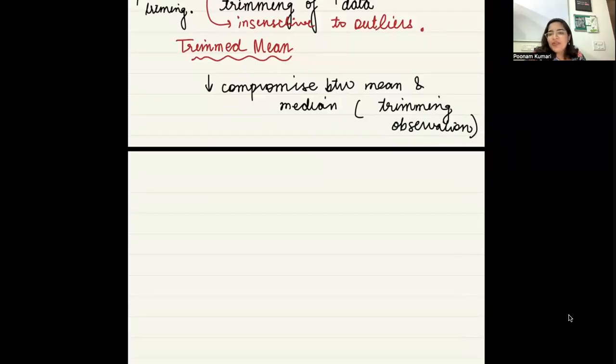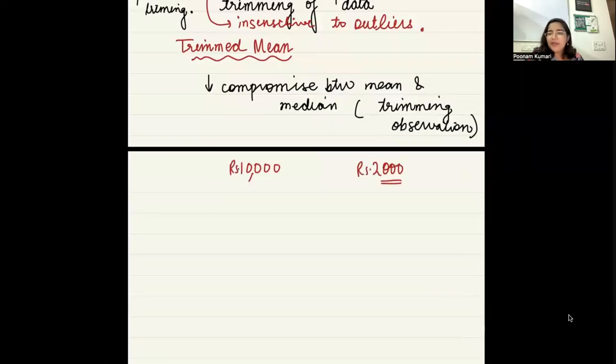Let's say you want to buy something which is worth rupees 10,000. You're telling your parents, I want to buy something worth 10,000. Your parents are saying, okay, you take something worth 2,000 rupees. So what is the middle ground?